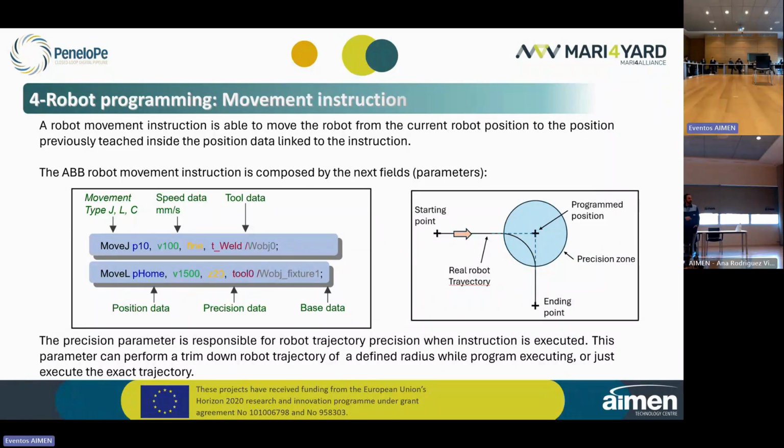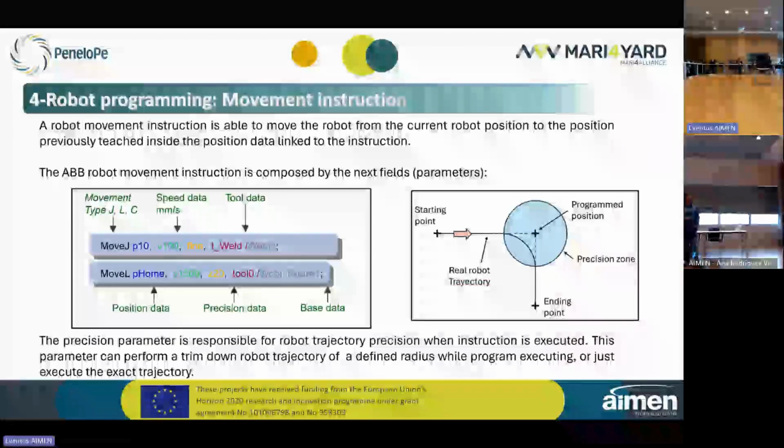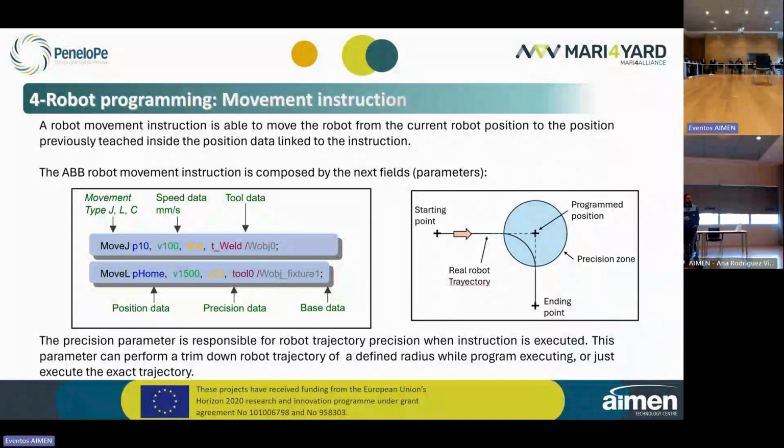And what we can program inside of these other precision data is a radius of the precision zone that we want the robot to perform.